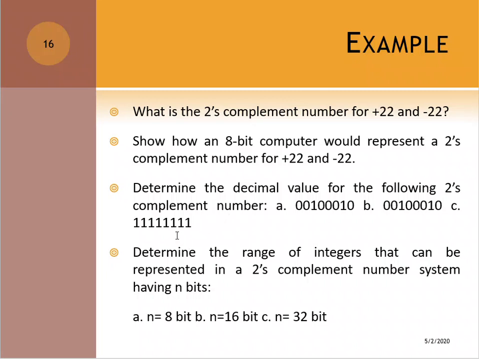But now if given a negative number in binary, how can we get the value in decimal? How many ones do we have here? 8 ones. Let's try to solve it. For this one, you have to write the number first, 1, 2, 3, 4, 5, 6, 7, 8.